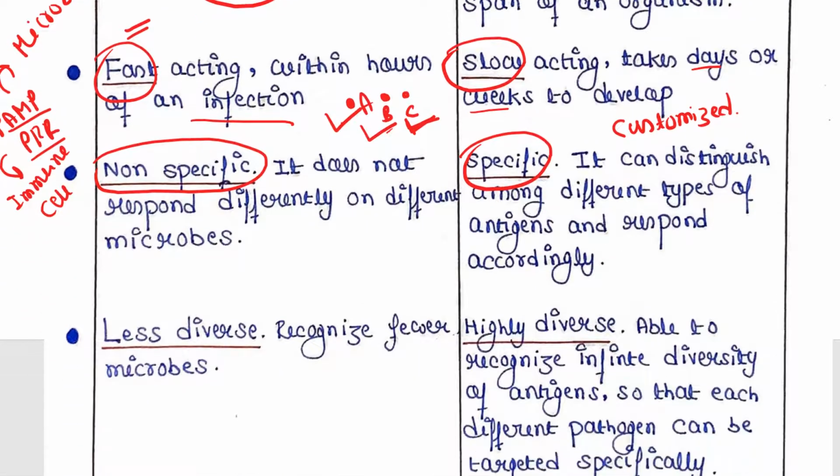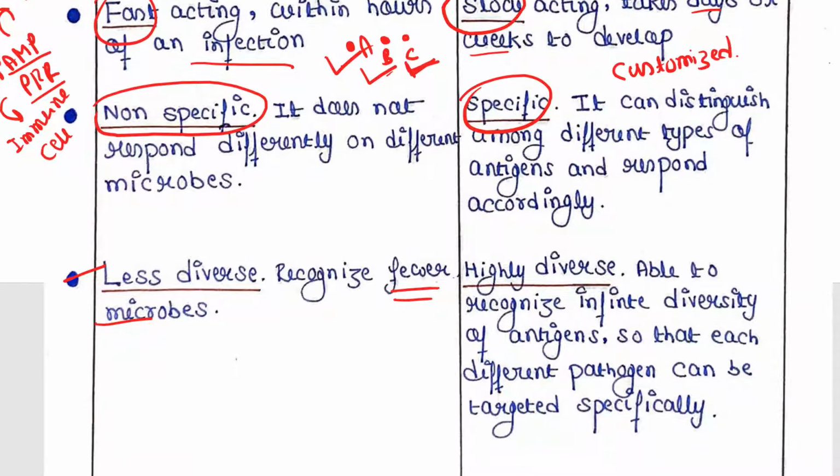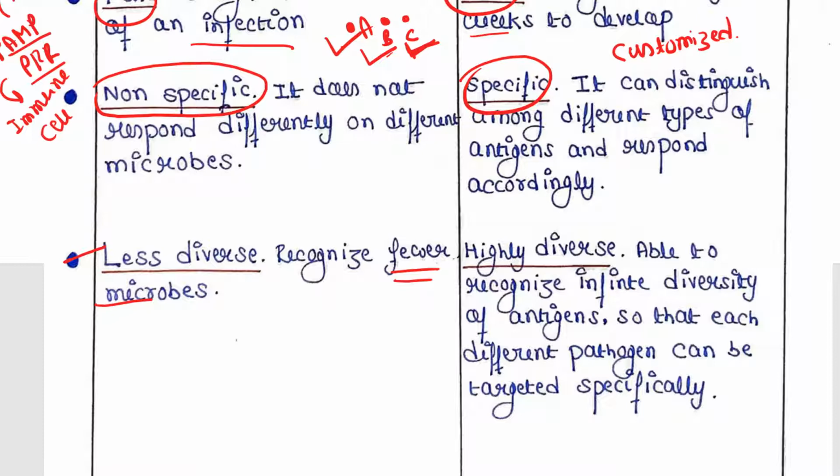Now, innate immunity is less diverse because it recognizes fewer microbes. So innate immunity is not as diverse as adaptive immunity. Whereas adaptive immunity is highly diverse.